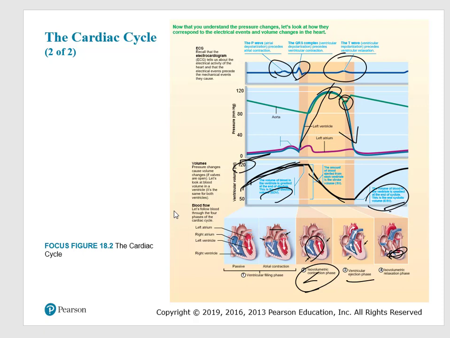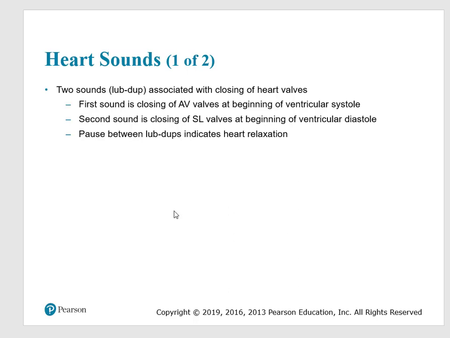The second sound, the dub sound, S2, is heard only when your semilunar valves close, the aortic valve and pulmonary valve. When do they close? At the isovolumetric relaxation phase. That's when you hear the S2 sound.